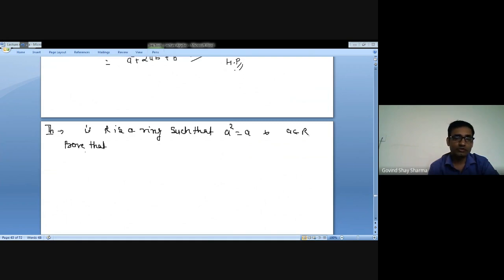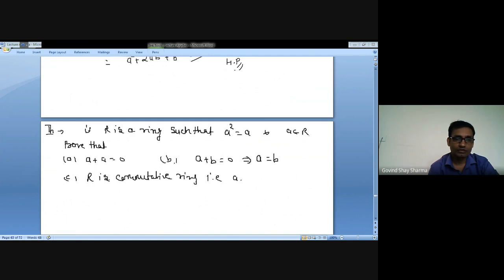Prove that if R is a Boolean ring, then prove that a plus a is equal to 0. a plus b is equal to 0 implies a is equal to b. R is commutative ring, and that is a dot b is equal to b dot a.